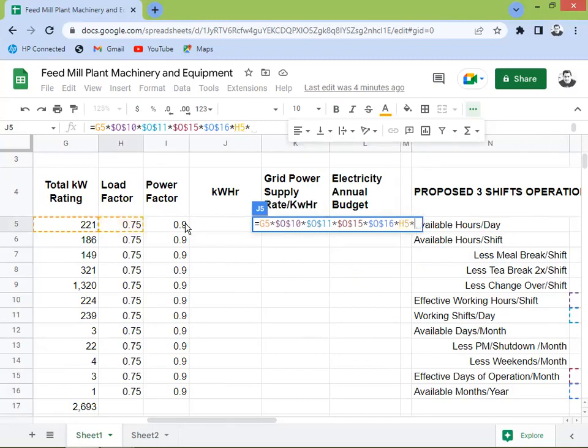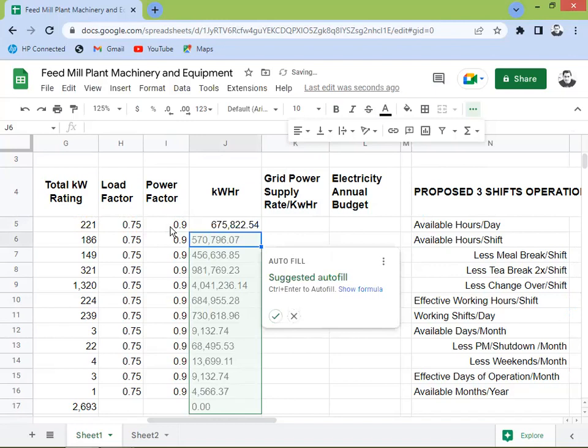No need to put F4 because we're going to copy it down, and this would be a relative cell reference, so no need to put the dollar sign. So multiply again by the power factor. This will decrease your kilowatt hour consumption by the inclusion of the load factor and the power factor. All right, just enter.